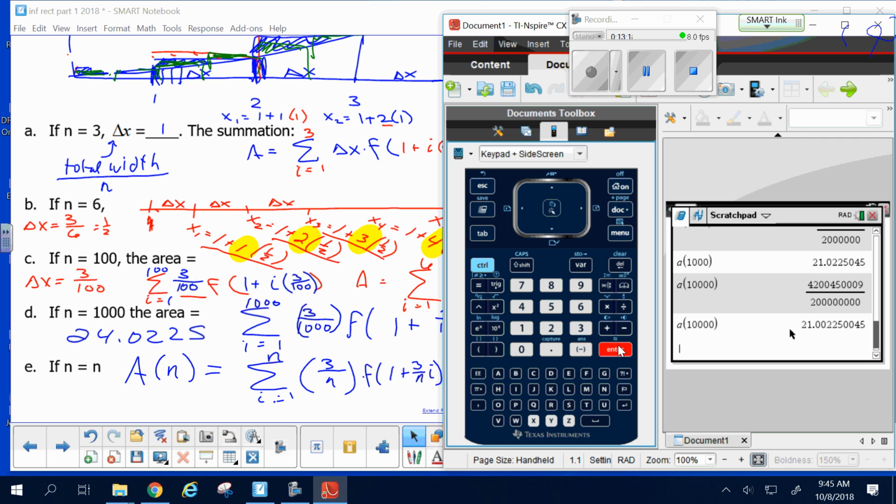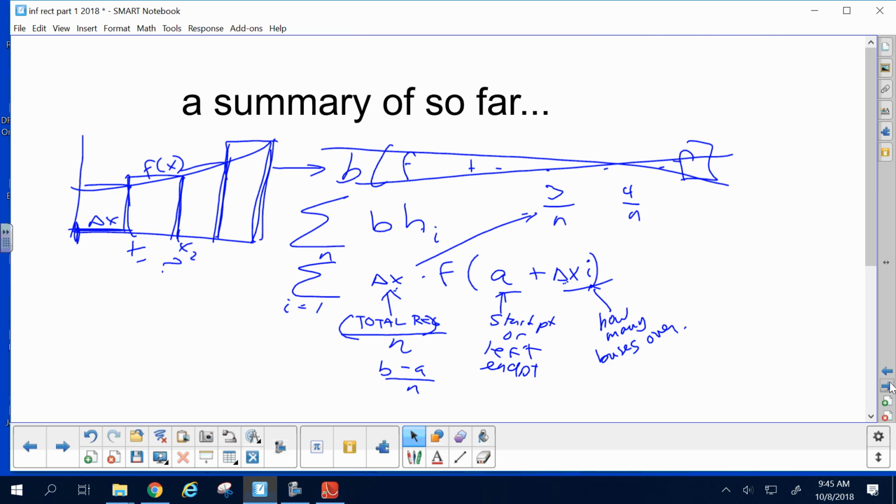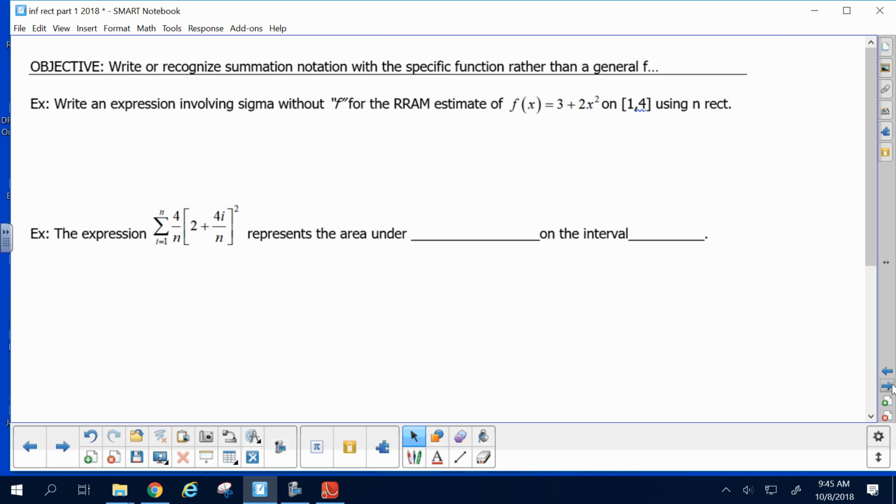So, let's go back to the notes. I think we'll practice with the calculator. Let's go to this part. Am I in the right place? The next part is write or recognize summation notation with a specific function. Is this right?